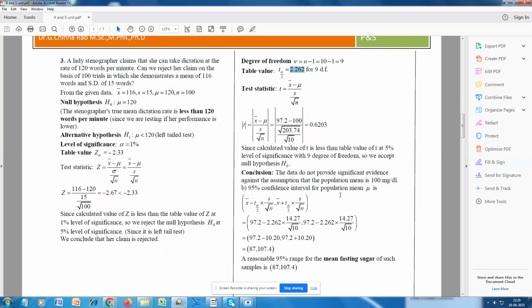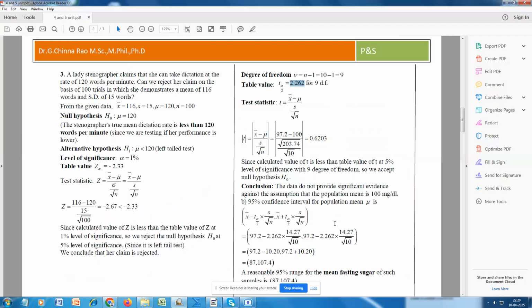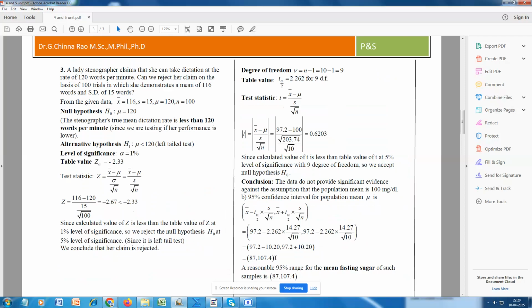Root 203.74 is simplified as 14.27 by root 10. 97.2 minus 2.262 into 14.27 by root 10. After simplification, we have 87, 107.4.